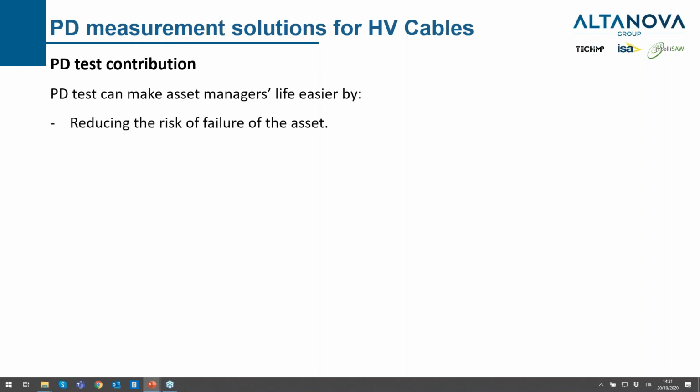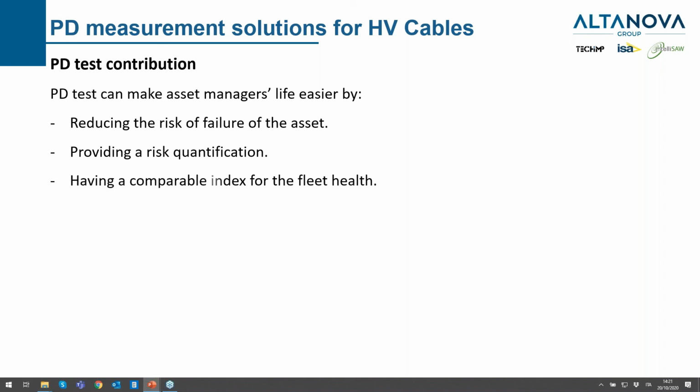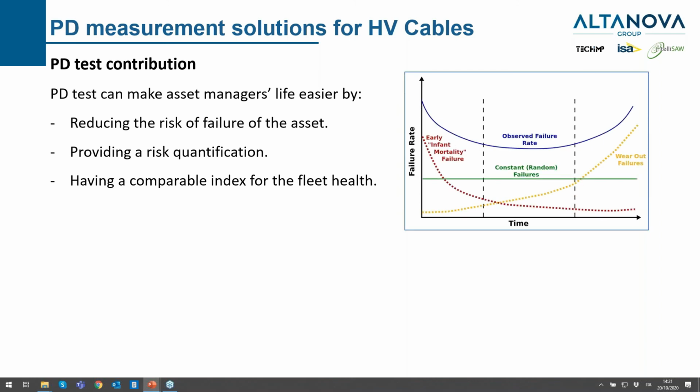So, if you want to summarize a little bit, what is the PD test contribution to the final customer? PD testing basically should make asset managers' life easier. We have to reduce the risk of failure of the assets, to provide risk quantification, and to have a comparable index for the fleet health. We can basically take the normal failure rate and try to fight each kind of failure with a different tool.